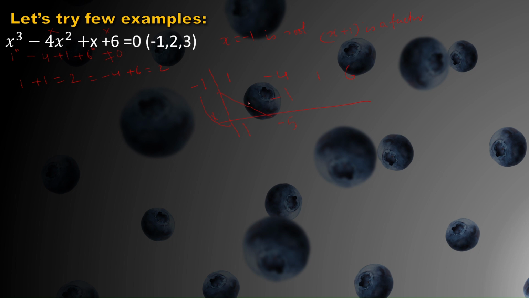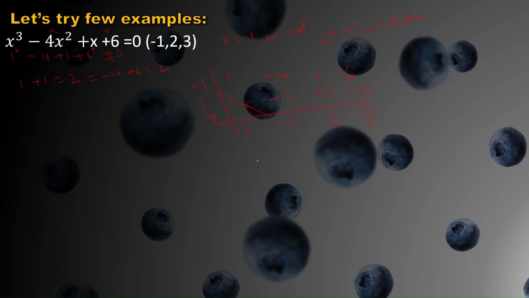Then minus 1 is multiplied with minus 5, giving plus 5, so put plus 5 here, and it gives 6. Then minus 1 into 6 is minus 6, and adding 6 and minus 6 gives 0 at the last. Getting 0 means this is completely divisible, so this is a factor.